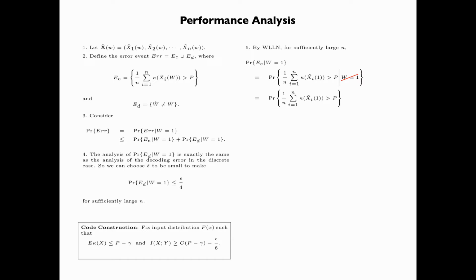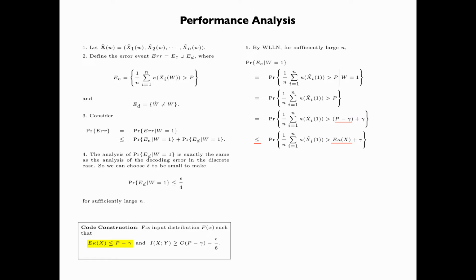In the next step, we subtract gamma and then add gamma to P. Then we replace P minus gamma by the expectation of kappa of X to obtain an upper bound.